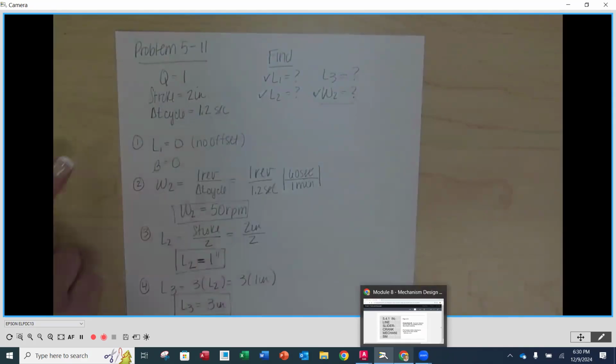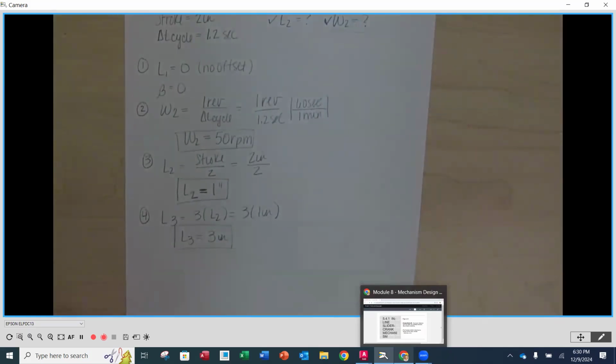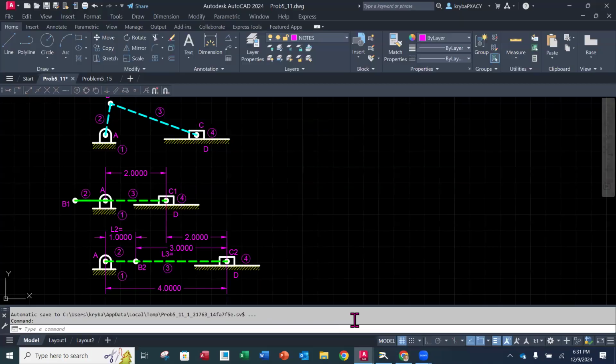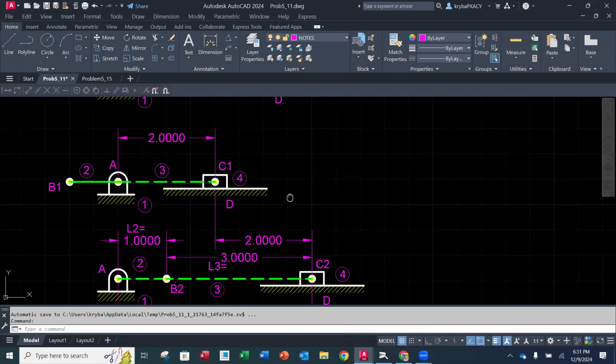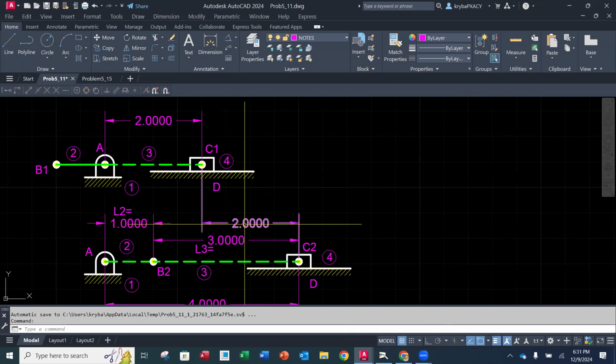So as we saw here, using the input information, we calculated each one of these lengths, and then using L2 and L3, we showed the inline slider crank mechanism in its 2 extreme positions so that we could show the stroke as well as the length of each one of those links.